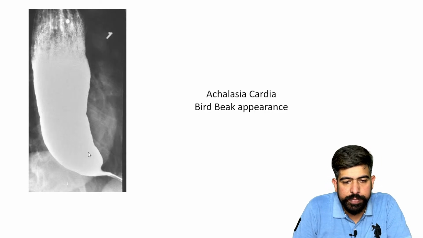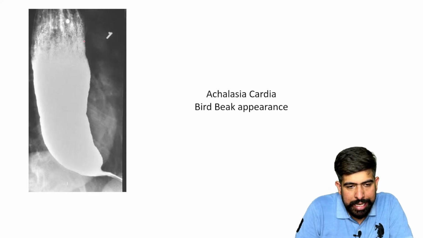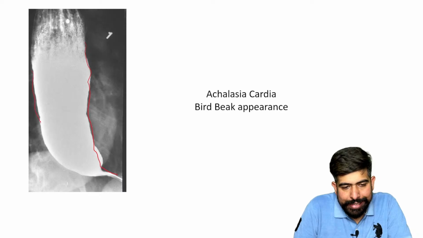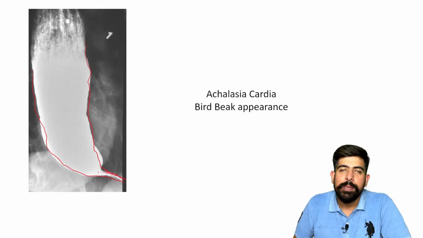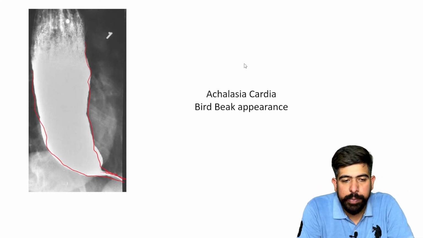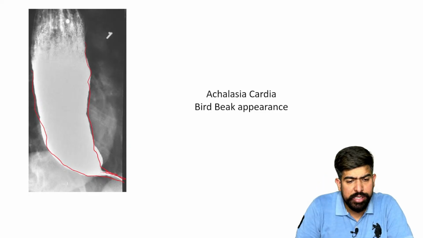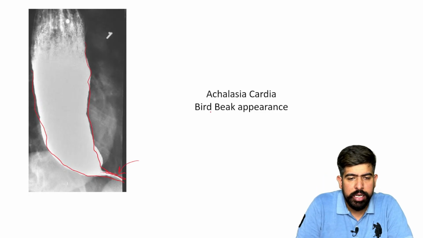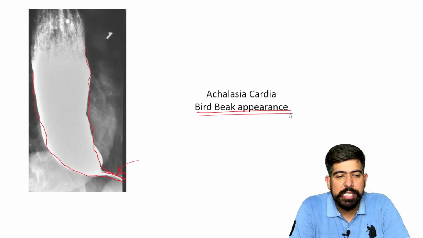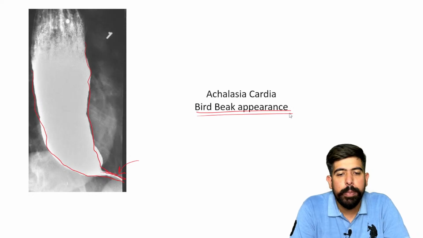If I just rotate this image, it seems like there is a bird with a beak appearance. This is the beak of a bird, and this particular finding seen in the barium swallow is known as the bird beak appearance.